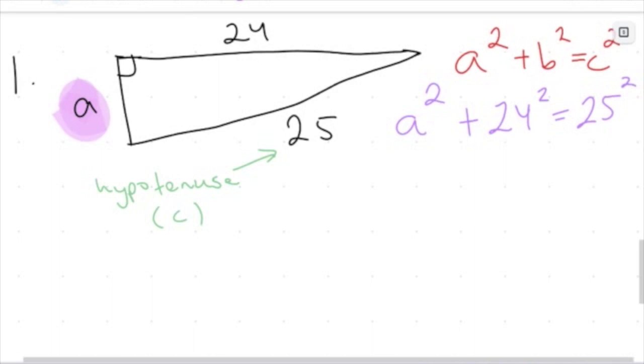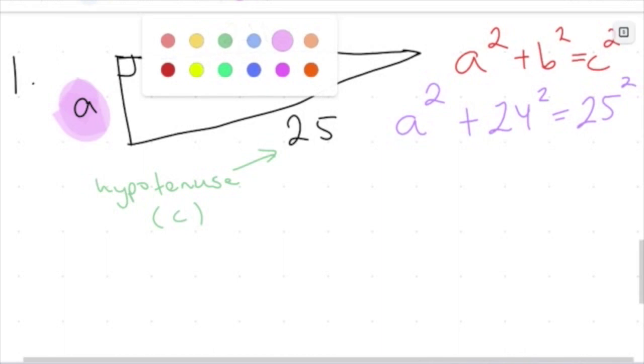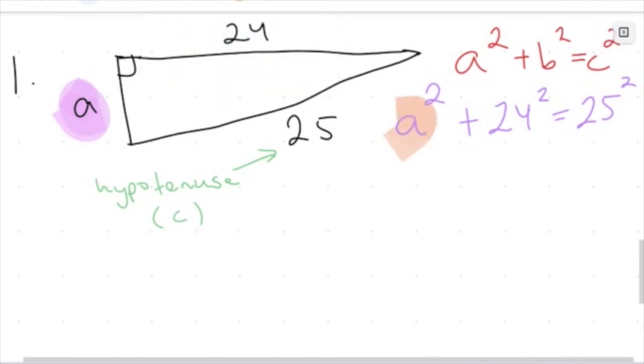So you can see, compared to the other video, we may need a little bit of extra work here. We need to rearrange this equation to get an answer, because the unknown, with any equation that we want to solve, the unknown has to be on its own on one side.